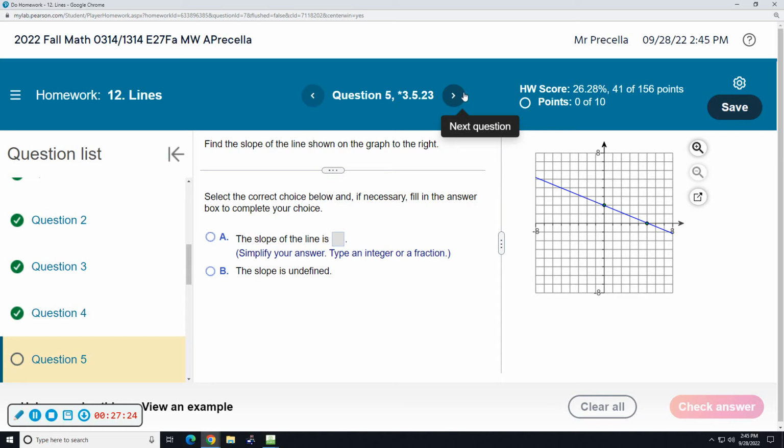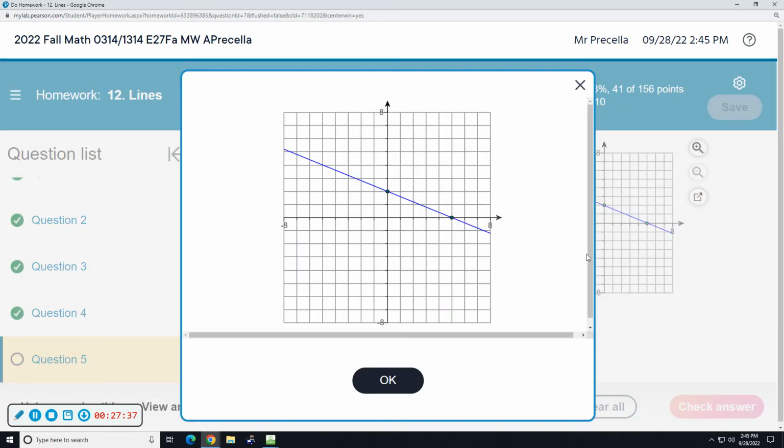Okay, what are those points? I want something to look at. You don't need to write this down, but I'm going to just to have something to point at. We have a slanted line here. Let me blow it up a little. It passes through the x-axis here, and the y-axis there.